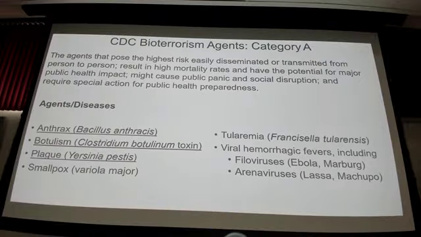We also talked about the CDC's classification of biological warfare agents. We talked about 3 different categories, starting with category A. You only need to focus on these 3, and knowing how they present in patients, knowing the major symptoms, and whether there are any treatments or vaccines.